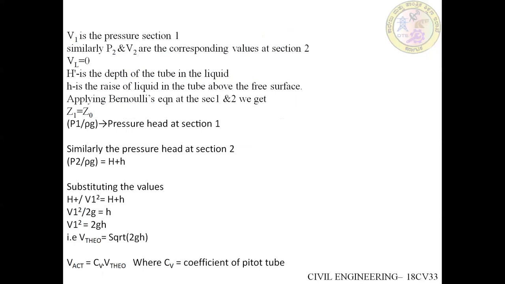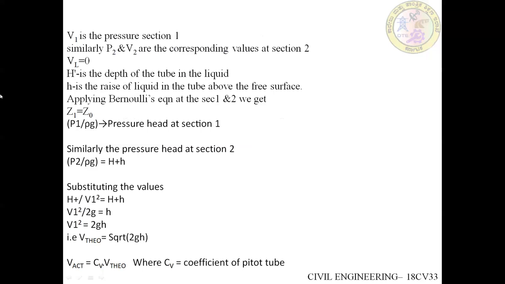Since both the points are at the same level, we can take Z1 and Z2 to be equal. So in Bernoulli's equation, if you apply it at sections 1 and 2, the Z value will get cancelled. If you take the pressure head at section 1, it will be P1 by rho g, and at section 2, it is P2 by rho g.